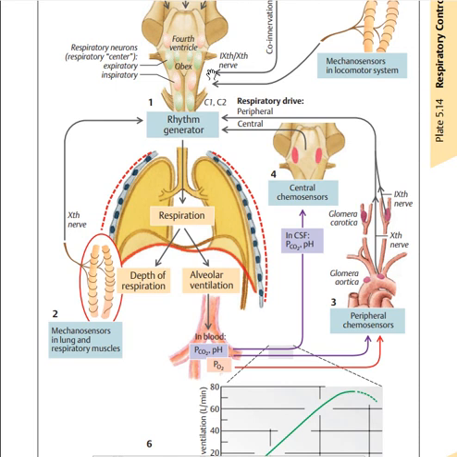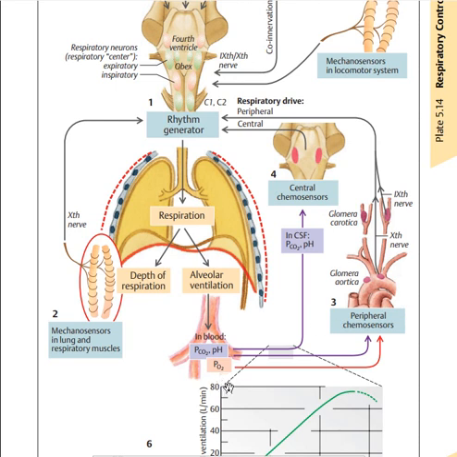So expiration starts only when the body senses that there is a high partial pressure of carbon dioxide, or the pH of the blood increases, and this is sensed by the central chemosensors and the peripheral chemosensors.